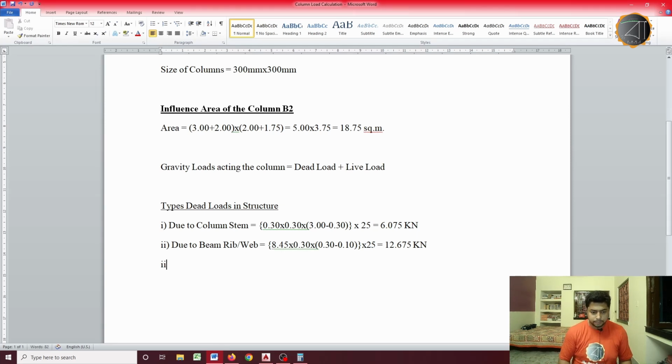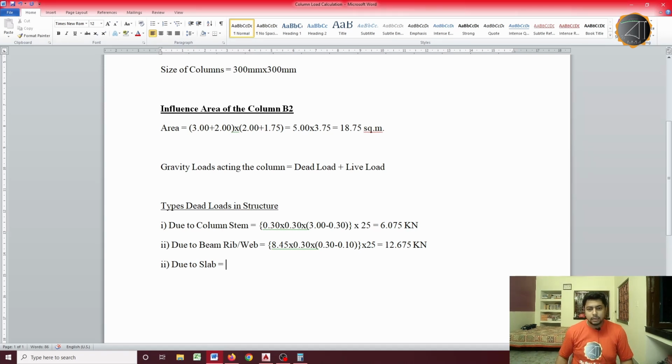Third comes the load due to slab. We know it will be the area of the slab within the influence area, multiply its thickness. If we multiply the area of the slab with its thickness, we will be getting the volume of the concrete, and we have to multiply it by the density to get the total load.